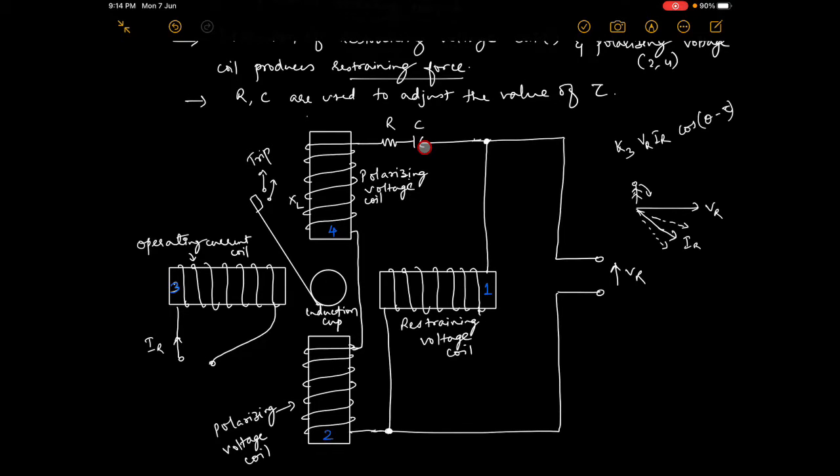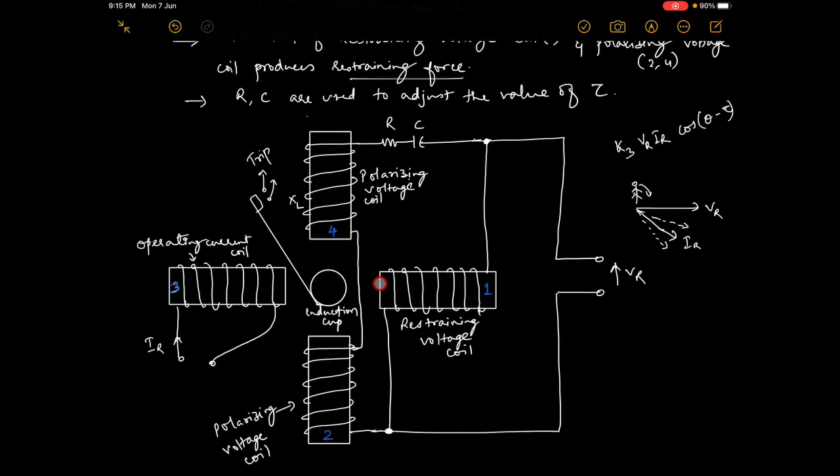So this is one solution for two problems, or a common solution for two requirements. Here it changes the tau, and here it gives a phase difference between the two fluxes, because both are voltage coils supplied from the same source.